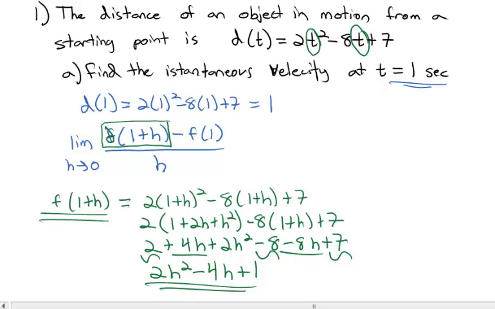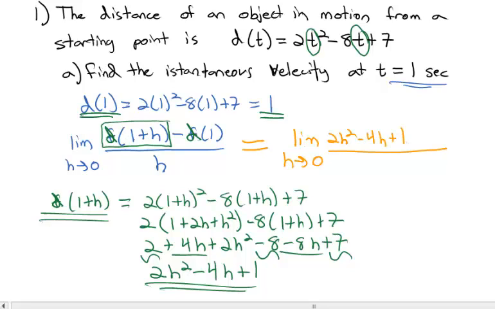We know d of 1 is equal to 1. So when we go back to our formula here in the middle, we want the limit as h goes to 0 of the fraction d of 1 plus h, that's 2h squared minus 4h plus 1, minus d of 1, well, d of 1 is just 1, all over h.